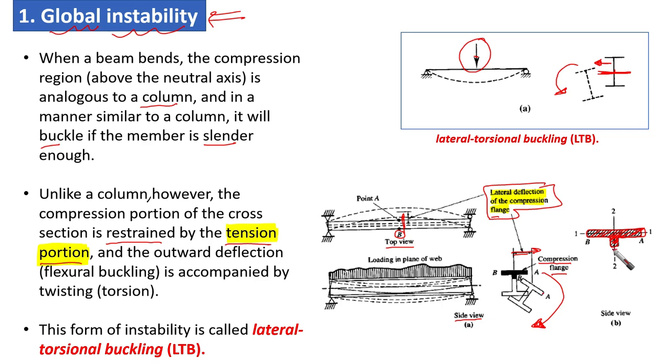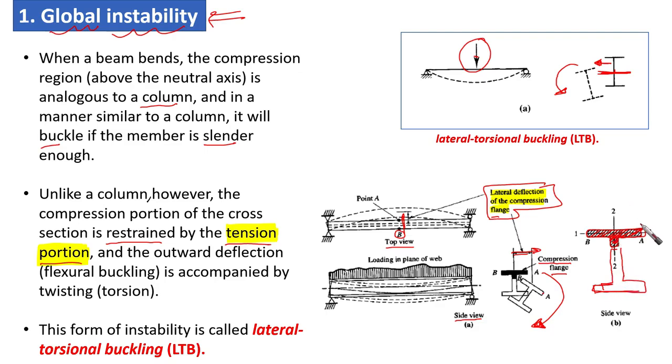So the remaining part of the cross section is under tension. It is under tension, so it starts to restrain this part from going laterally. Okay, and the outward deflection, which is the flexural buckling, is accompanied by twisting torsion motion.